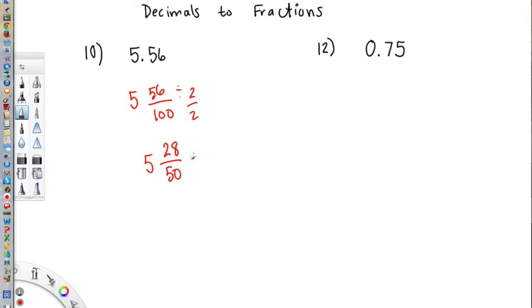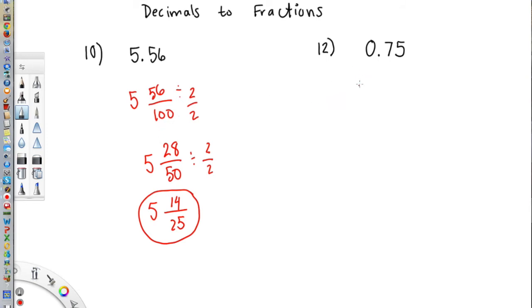And I can factor out another 2 from both the numerator and denominator: 28 divided by 2 is 14, and 50 divided by 2 is 25, and I think I'm done, so I would get 5 and 14/25. So there was a little bit of work there reducing it, but our first answer, 5 and 56 hundredths, mathematically is accurate. We just want to simplify or reduce it.